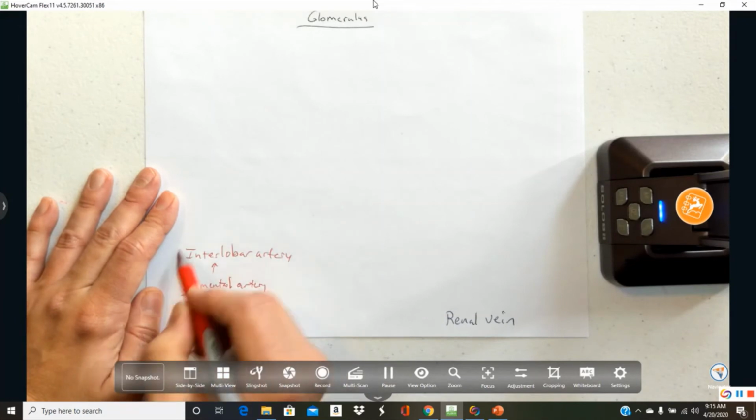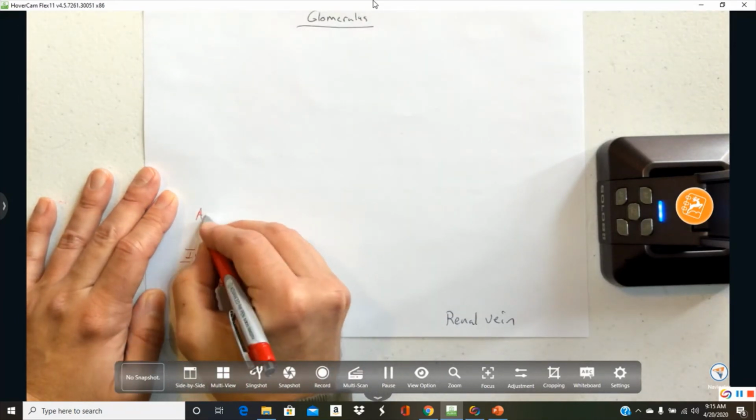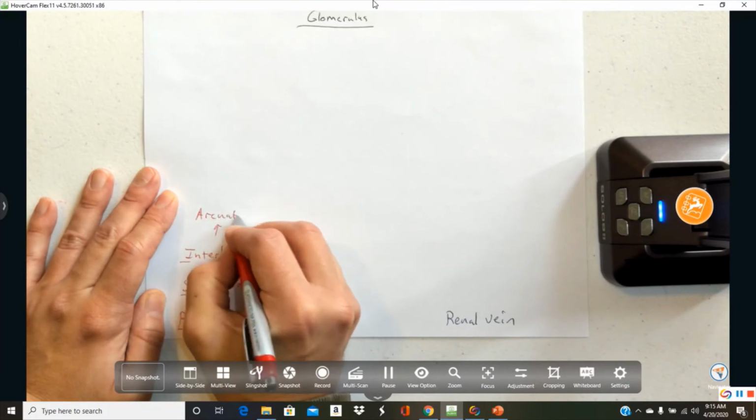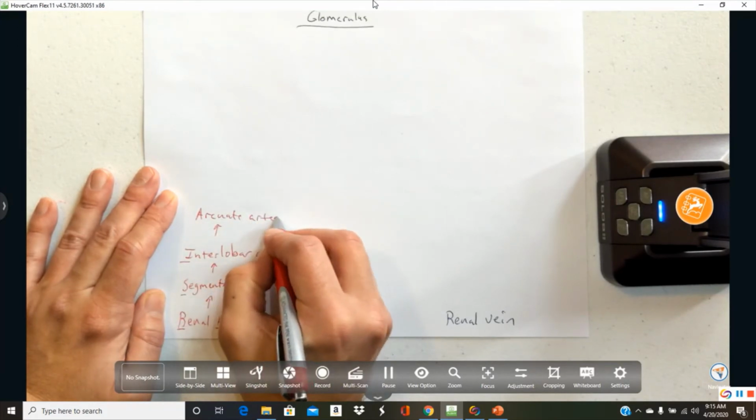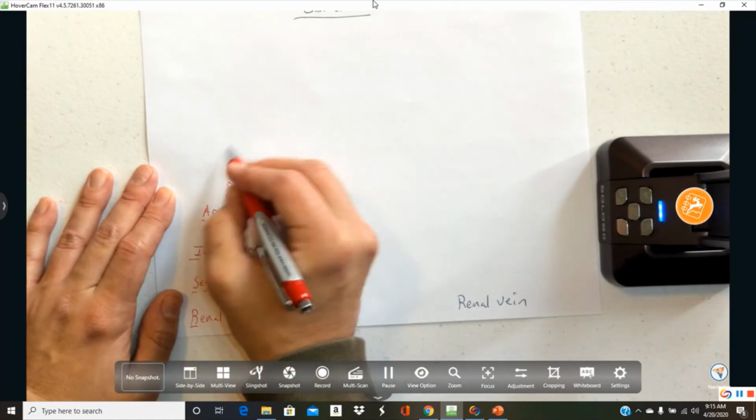Ren and Stimpy in a, arcuate artery. Ren and Stimpy in a cage.